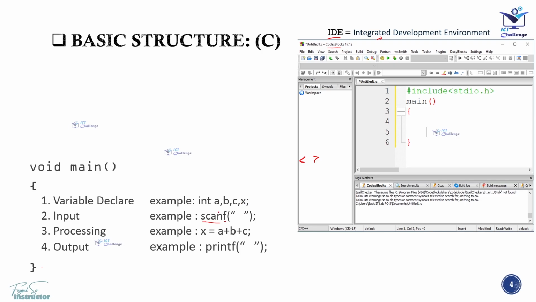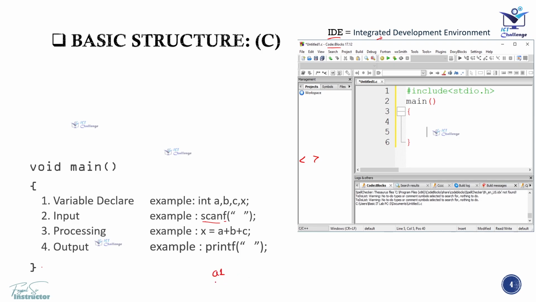Or it could be any country name, but the limitation is the variable name should be in character format. Okay, it could also be alphanumeric, like the variable name could be A1.